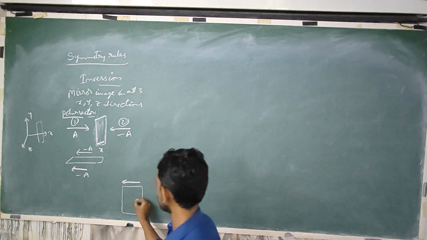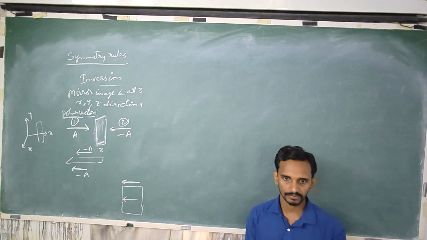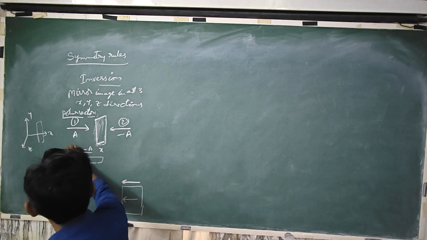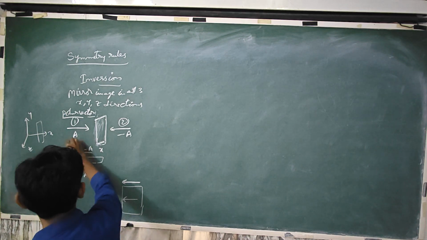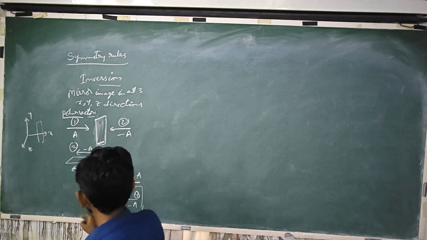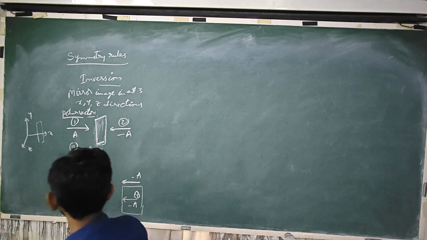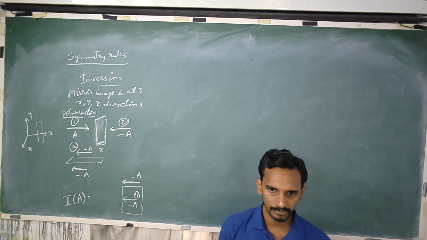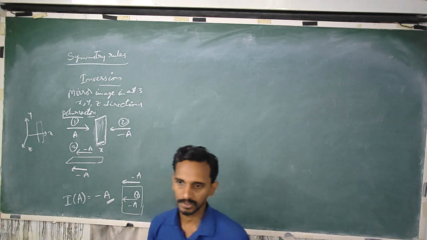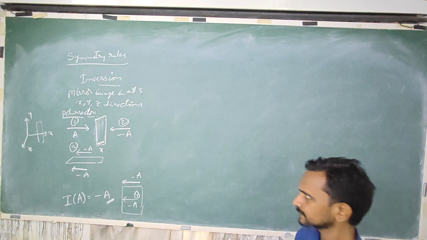Now the image will be in this direction. So the final vector: the inversion operation on A gives you minus A. This is what happens with normal vectors or polar vectors.